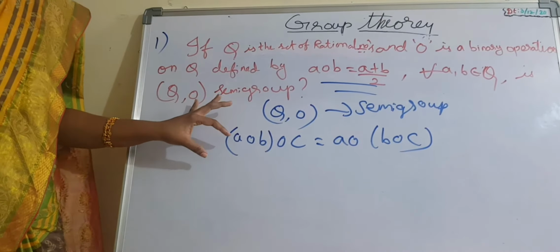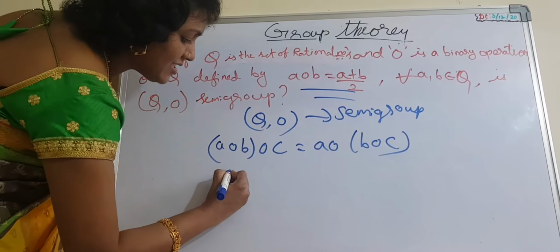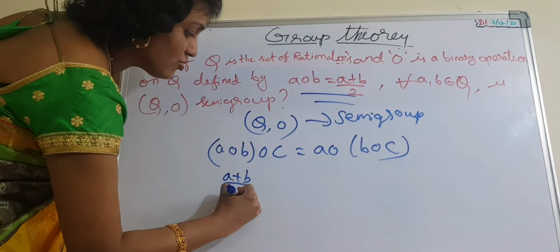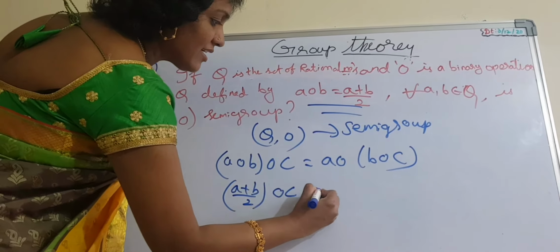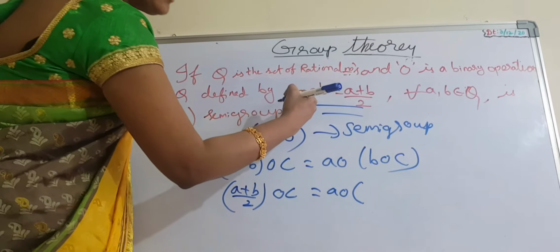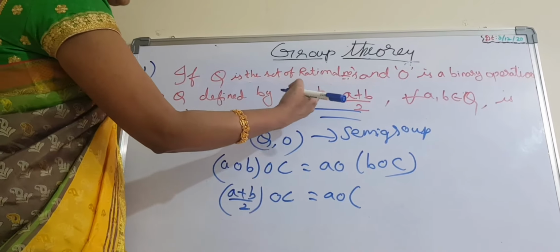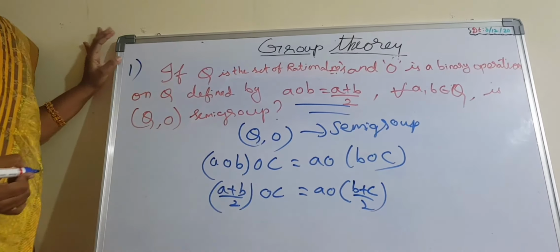If it satisfies the associative property, here A circle B is nothing but (A plus B) by 2, circle C. Here A circle (B circle C). What is B circle C? Instead of A, we can write B and C, which is (B plus C) by 2.